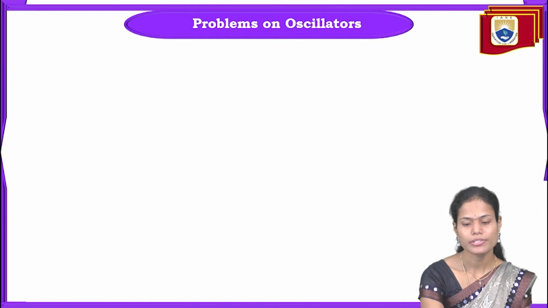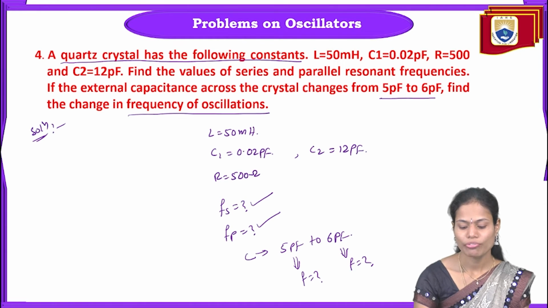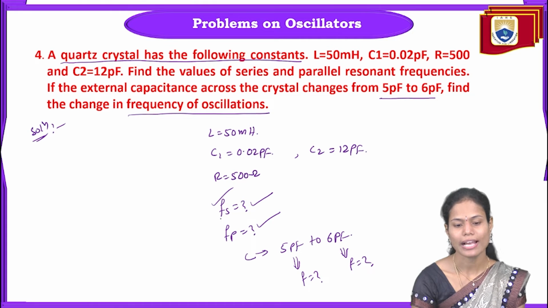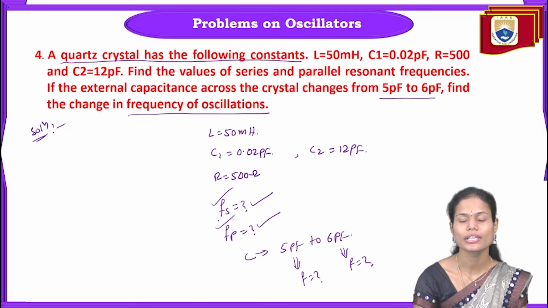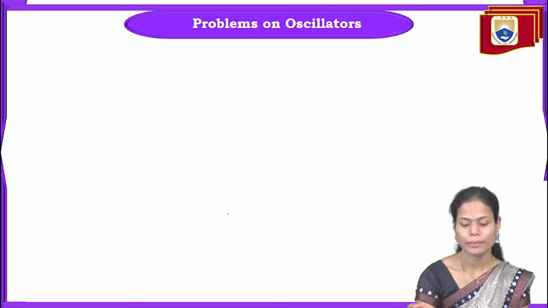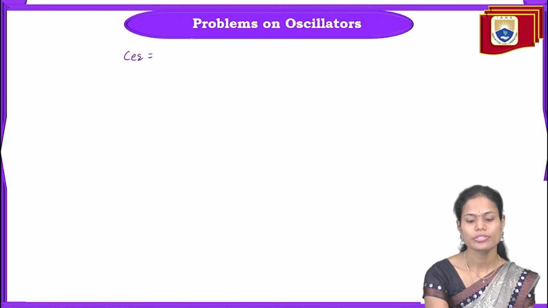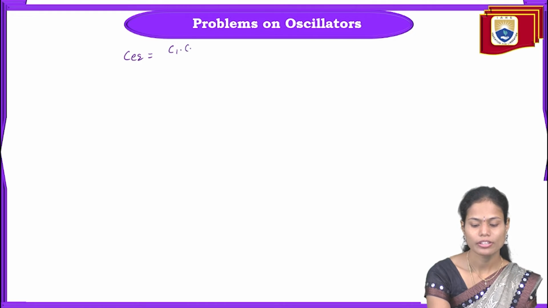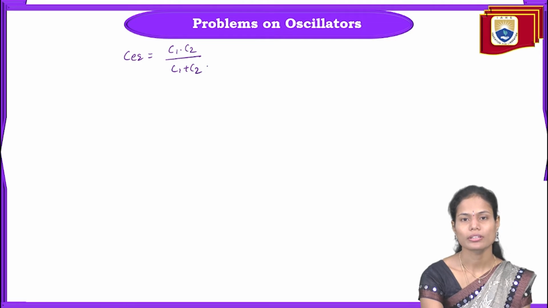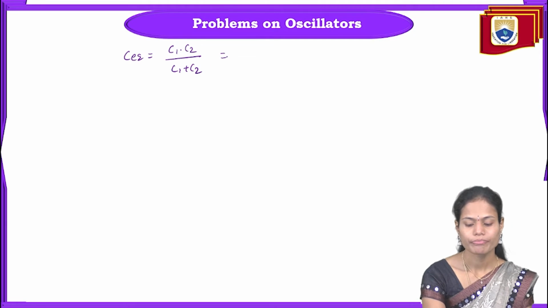So for that purpose, to find the series resonant frequency as well as the parallel resonant frequency, we require the C equivalent value first. So I am going to calculate the C equivalent value first, that is C1 into C2 by C1 plus C2, where C1, C2 are given in the problem.